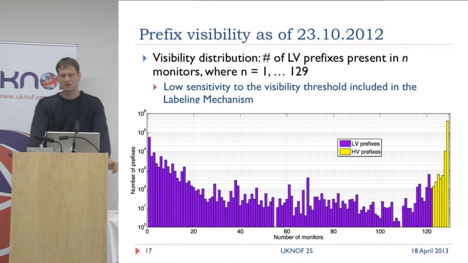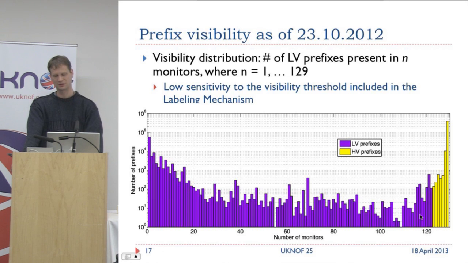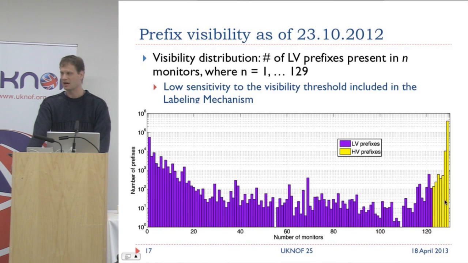This is just an illustration of how many prefixes you see on how many monitors, just a histogram again. On the y-axis, logarithmically, the number of prefixes. On the x-axis, the number of monitors. In yellow is the high visibility, or 95%.